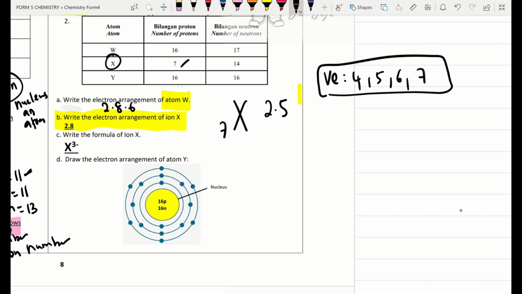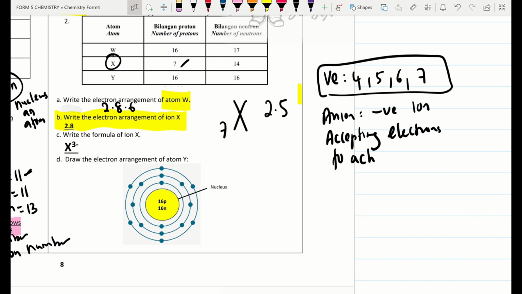The atom will form an ion. How do they form an ion? A negative ion forms by accepting electrons to achieve a stable duplet or octet electron arrangement.